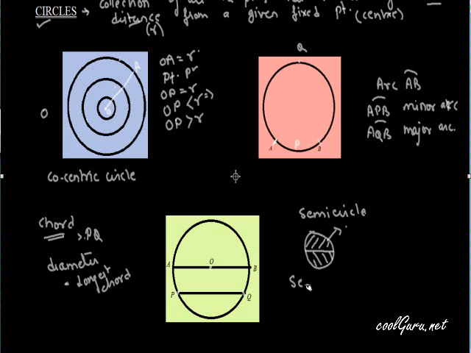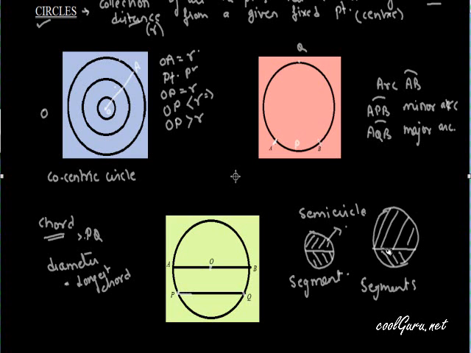Now another term related to circle is segment. What is a segment? The diameter divides the circle into 2 semicircles. This chord PQ divides the area of the circle into two parts, this one and this smaller one. These are called segments.